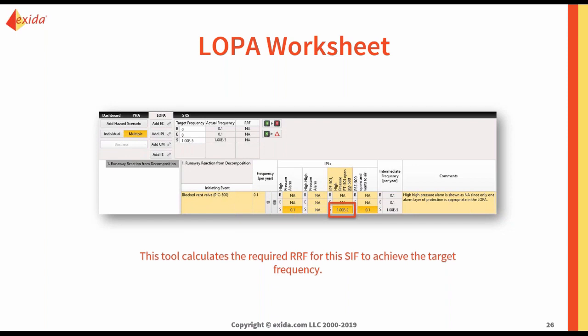So we use the term IPF, meaning we don't know if the risk reduction factor is above 10 or would qualify as a SIF, but certainly once you do this calculation, you can determine what the risk reduction factor is for your SIF. And in this case, you see up above that the target frequency and the actual frequency are equal, and that risk reduction factor says NA because it's now applied to the SIF.